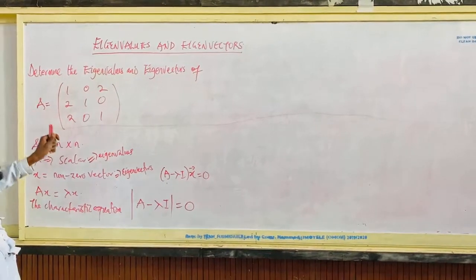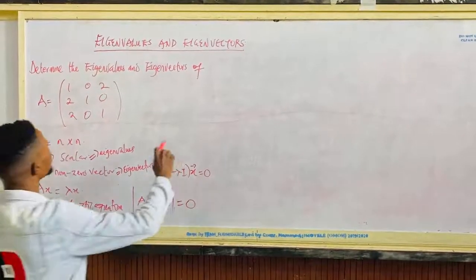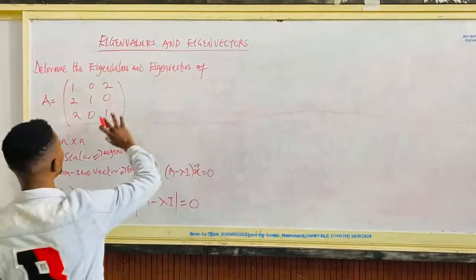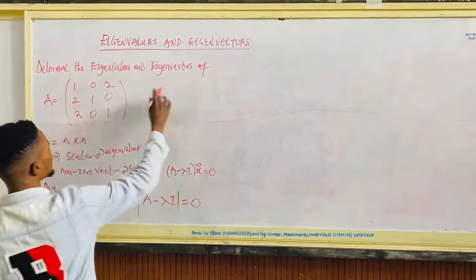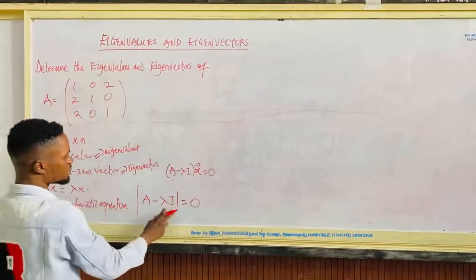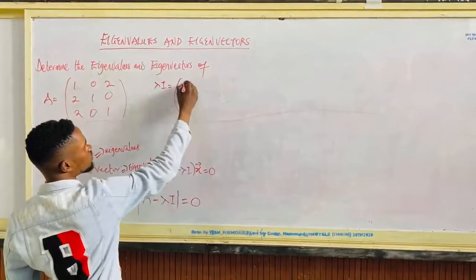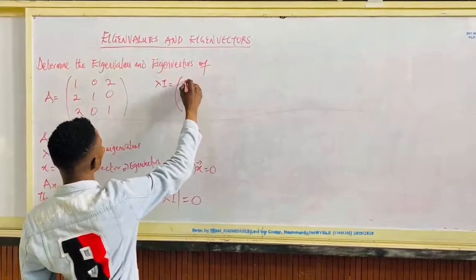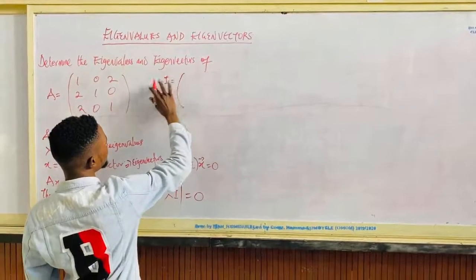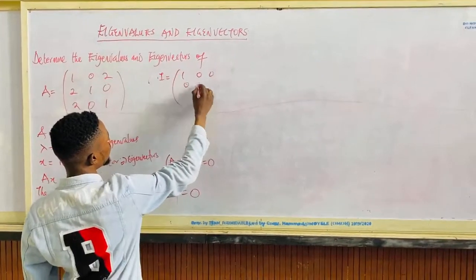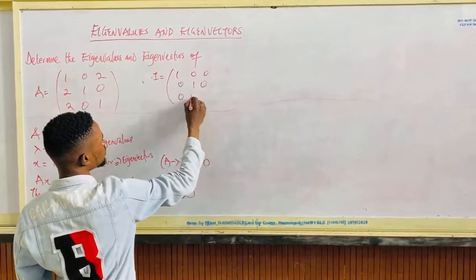For you to determine the eigenvalues, we need to take our characteristic equation. A minus lambda I: this is I, that will be 1, 0, 0, 0, 1, 0, 0, 0, 1.